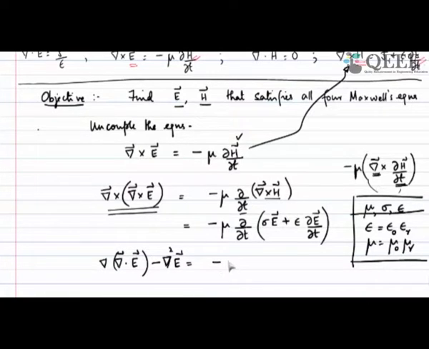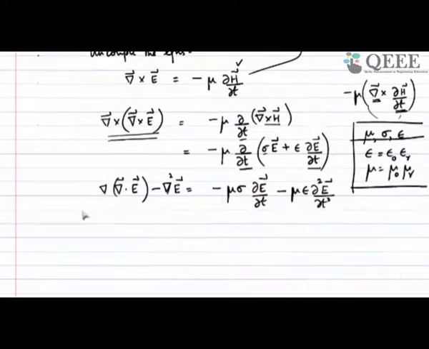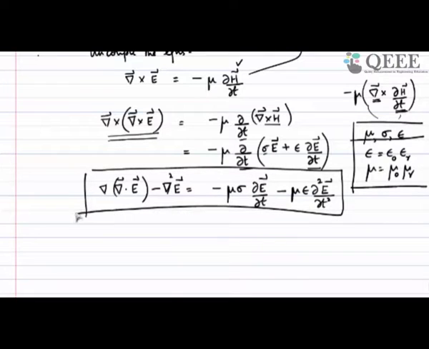And the right side is minus mu sigma, I pull sigma out, del E by del t, because sigma is not a time varying function, it is constant, minus mu epsilon del by del t of del E by del t. So this is del square E by del t square, so this is a second order differential equation now.